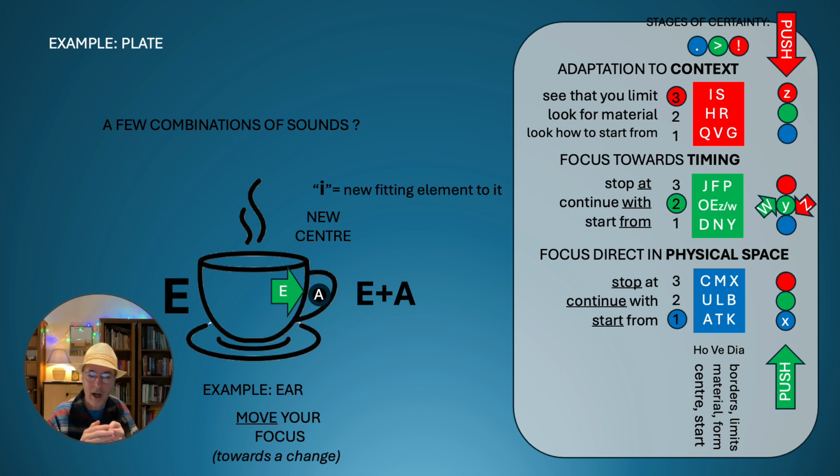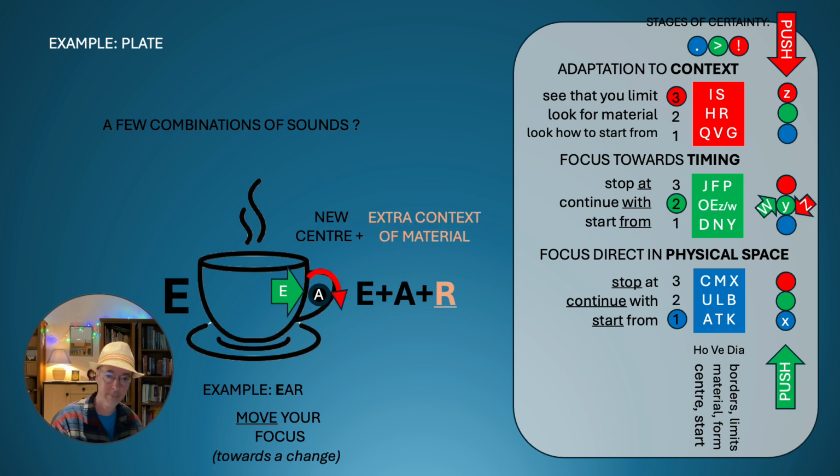E is a focus away from my center, and I have a new center, so I focus towards a new center. This ear is the new center, the second center. And the R, if you want to have it complete, is of course this extra context of material that is also attached there and is looking for its attachment there.